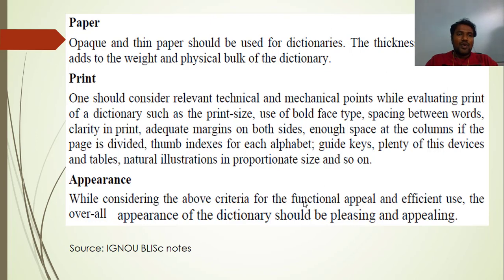Print. One should consider relevant technical and mechanical points while evaluating the print of the dictionary, such as the print size, use of boldface type, spacing between the words, clarity in print, adequate margins on both sides, enough space at the columns if the page is divided, thumb indexes for each alphabet, guide keys, plenty of these devices and tables, natural illustrations in proportionate size, and so on.